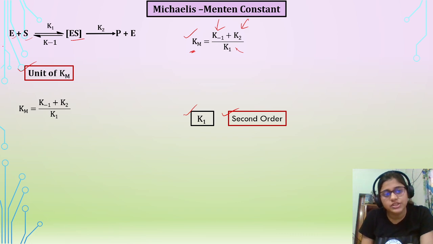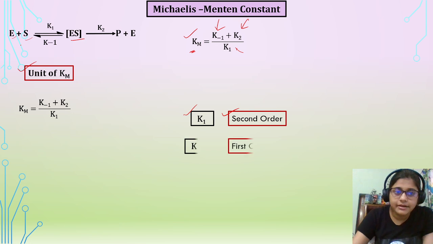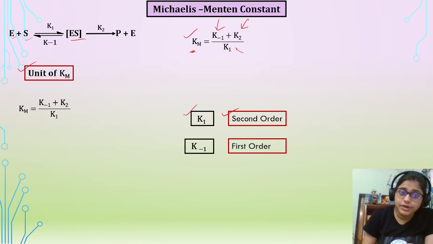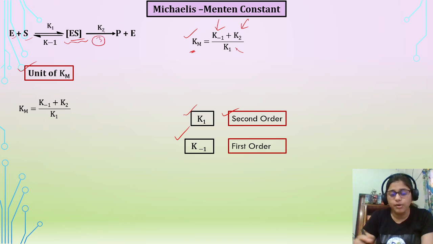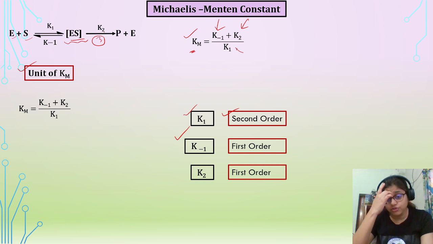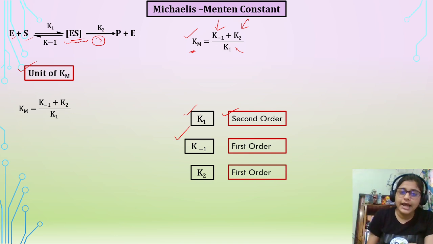Both concentrations are involved here, and K inverse, in the backward case, if you see, it is only depending on one concentration, the enzyme substrate complex. So it is first order, one concentration is involved, and again this third step will also be a first order reaction.